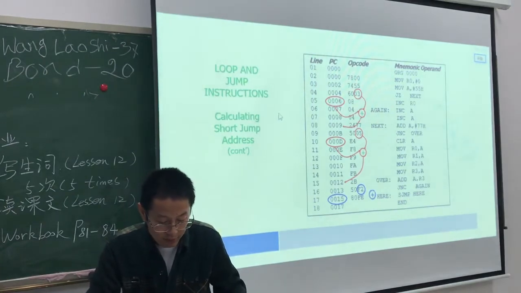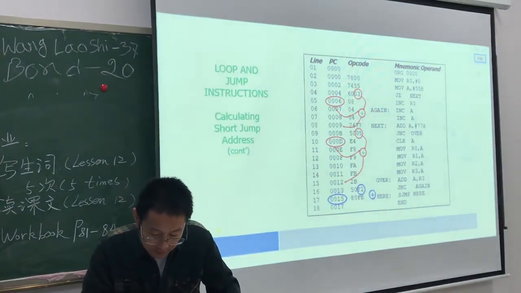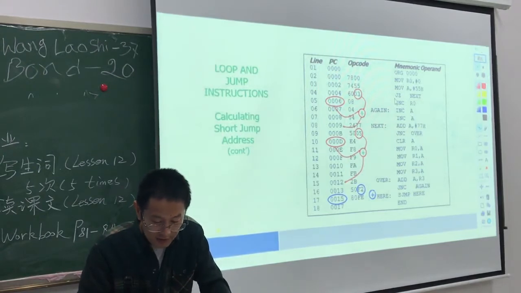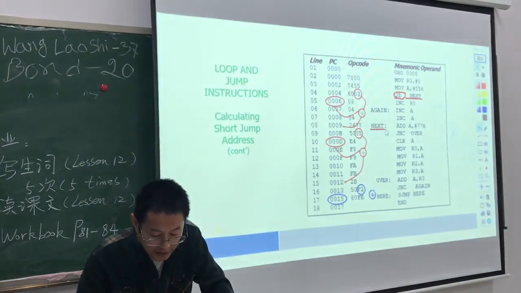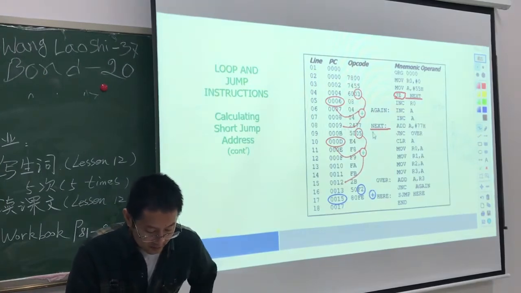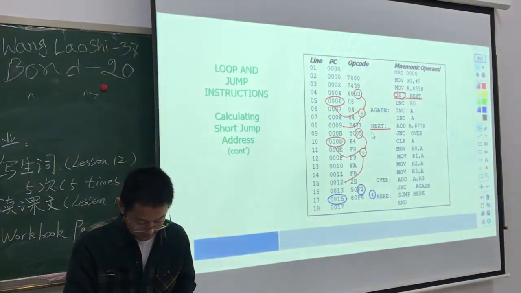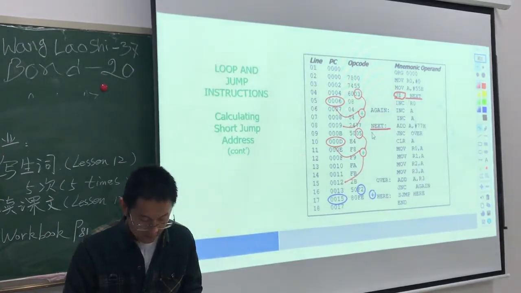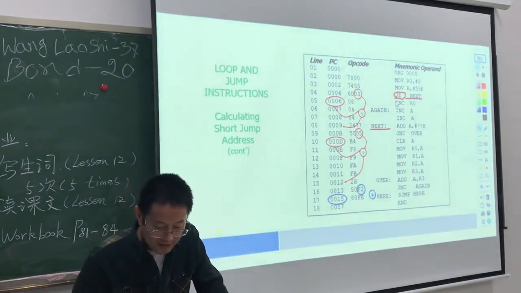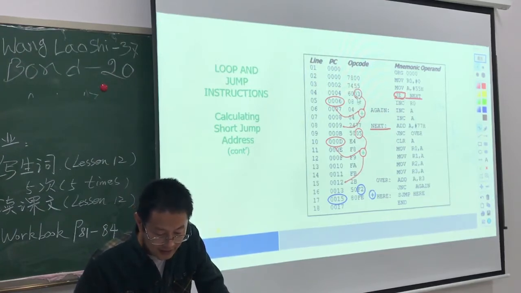And here is an example for jump. This is JZ. JZ and next. The next is 03.